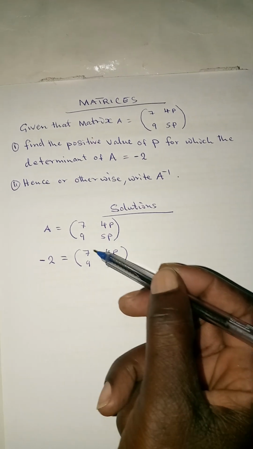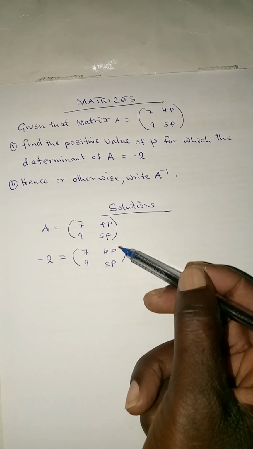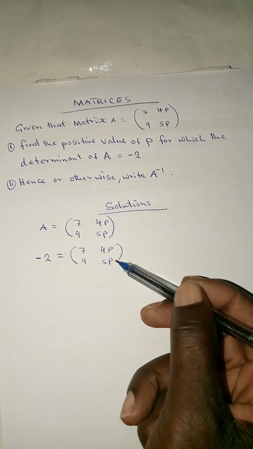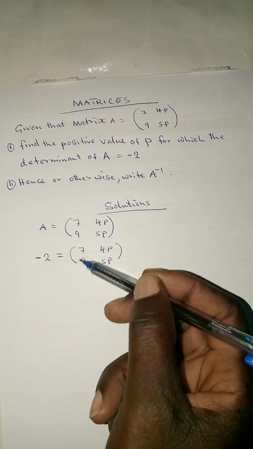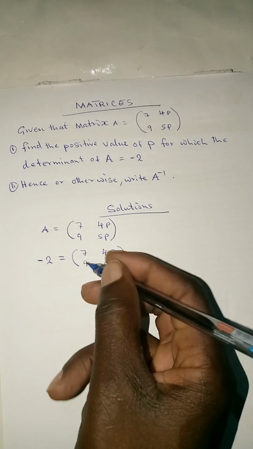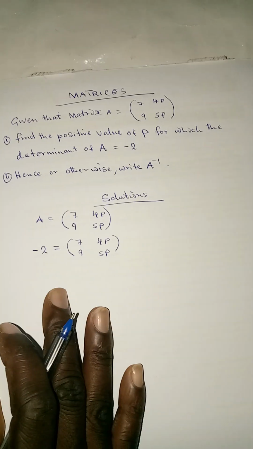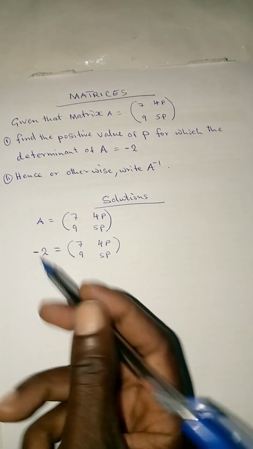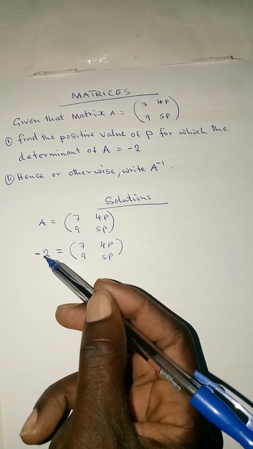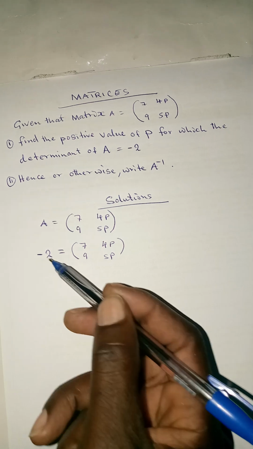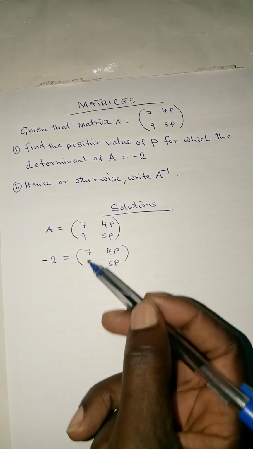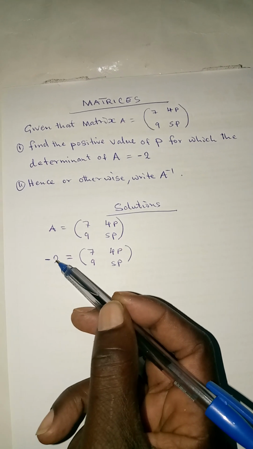This is the major diagonal and this is the minor diagonal. So the product of the major diagonal minus the product of the minor diagonal. Now in this case we are already given the determinant.